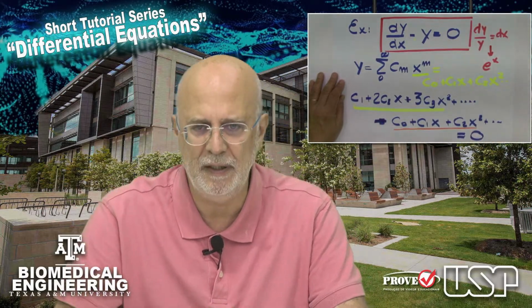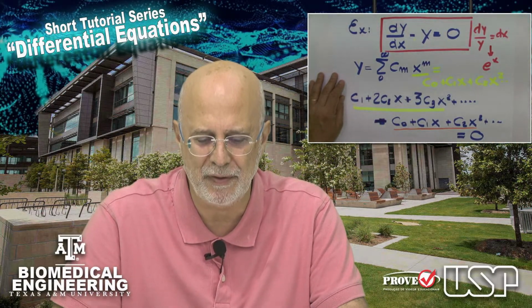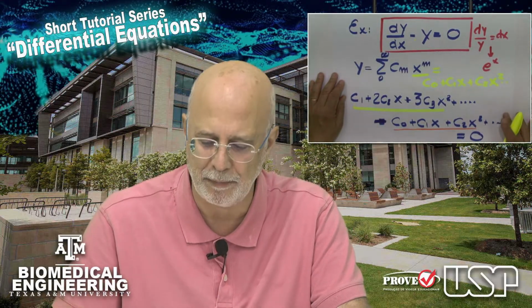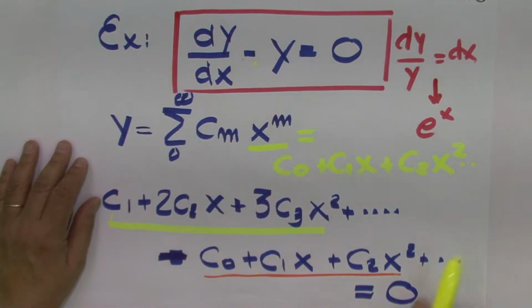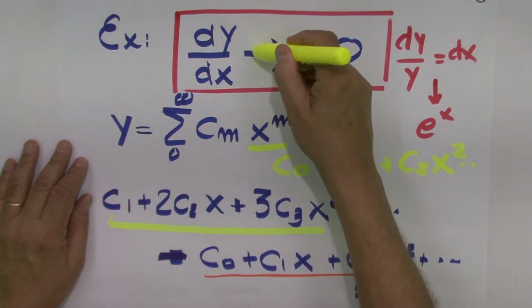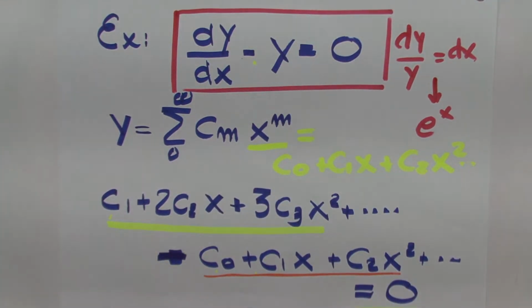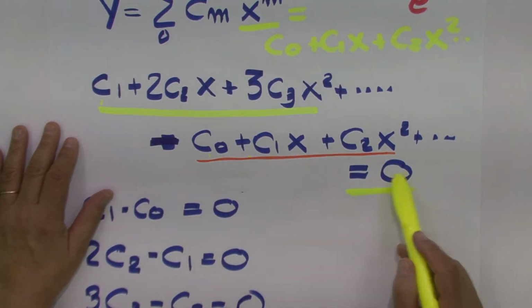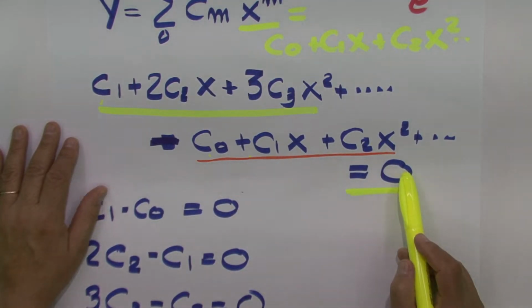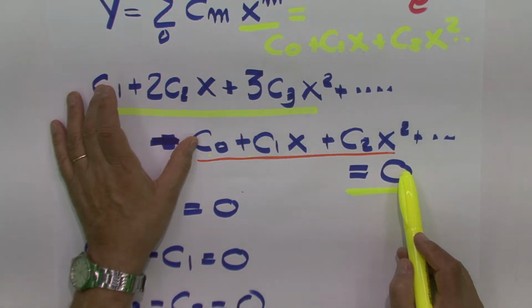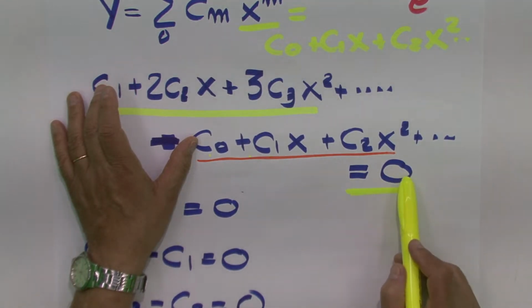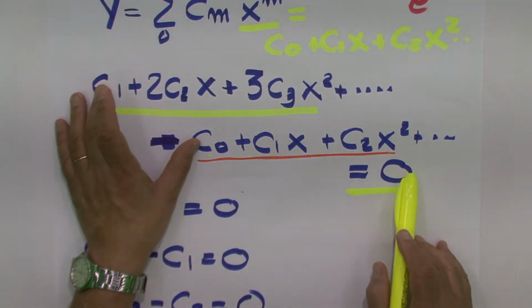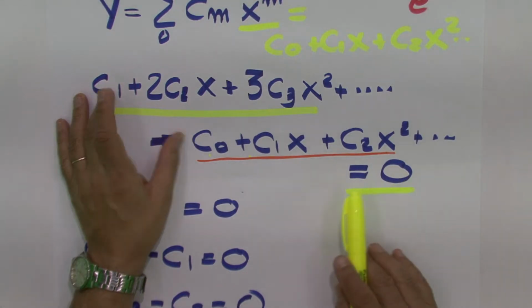We are showing that we are able to do it by series as an example. So this is now a polynomial equation that originates from the differential equation. And this polynomial equation is equal to 0, which means that all the coefficients of the same order of x must be 0.